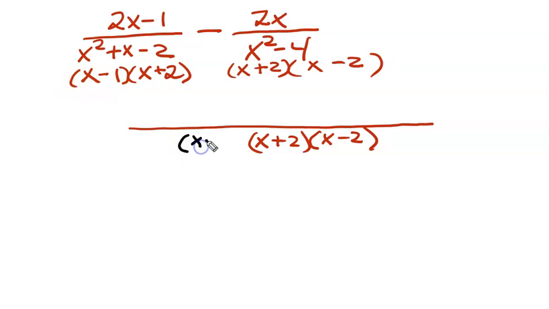So we need an x minus 1. So this will be our new common denominator. Now, what does this denominator need to become this? Well, it needs an x minus 2. So I'm going to do this here.